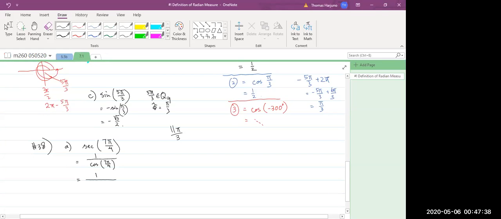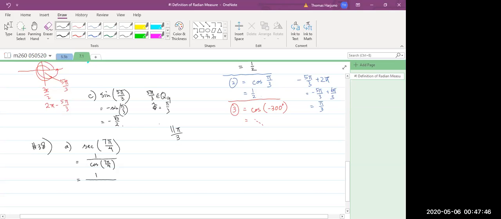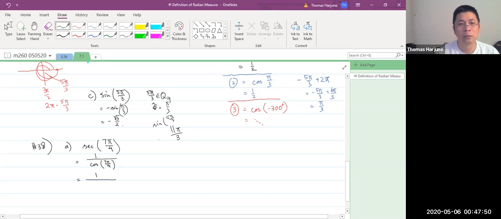No, no. If you add 2 pi, you don't change the positive or negative. If you add 2 pi, you don't need to change the plus or minus. It's coterminal.